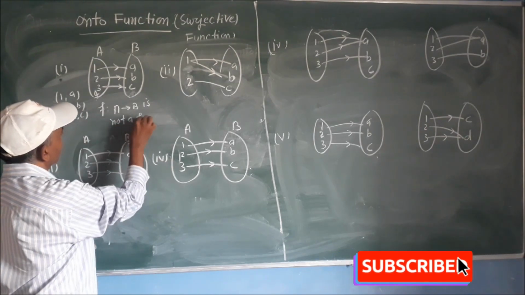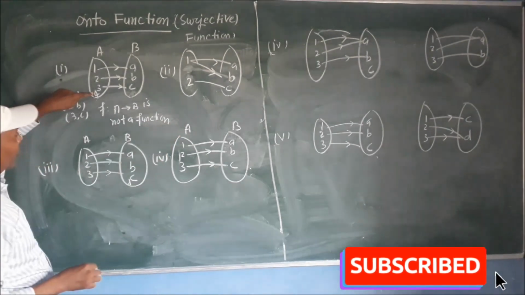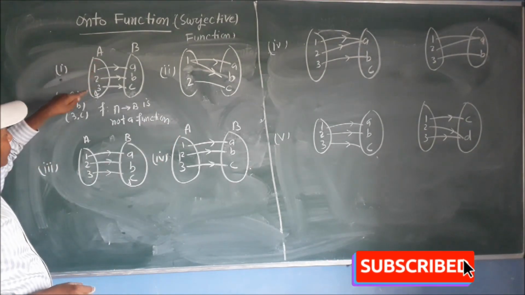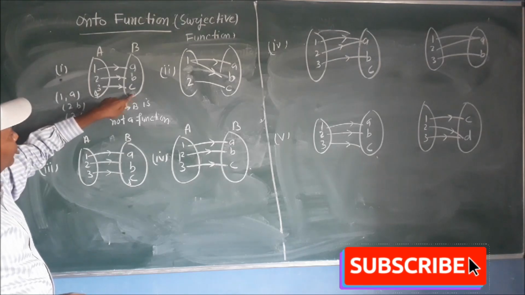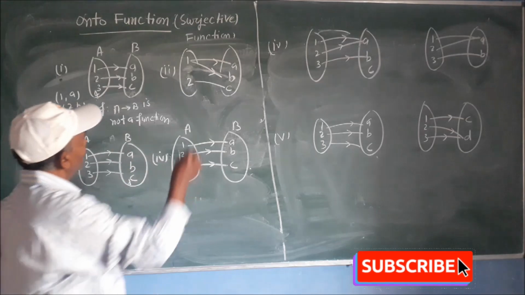Once again, element 4 in set A has no image in B, so it is not a function.